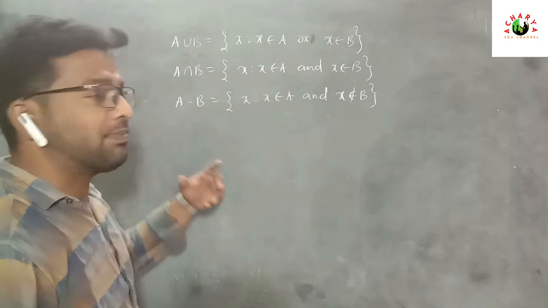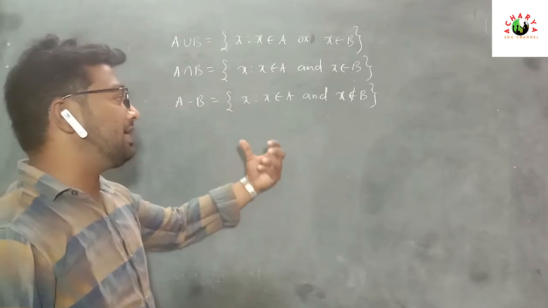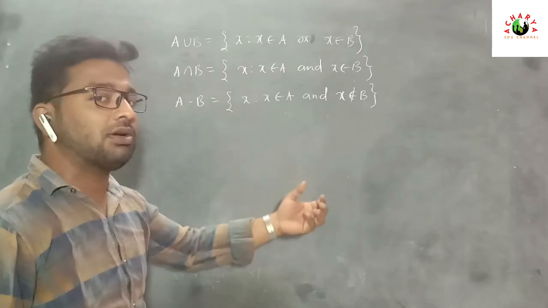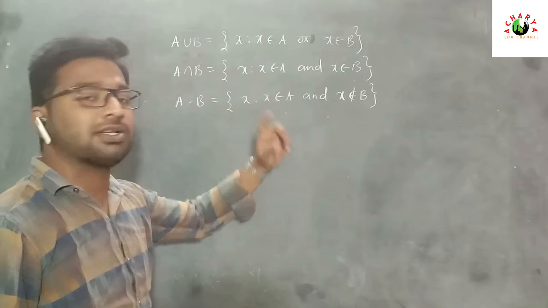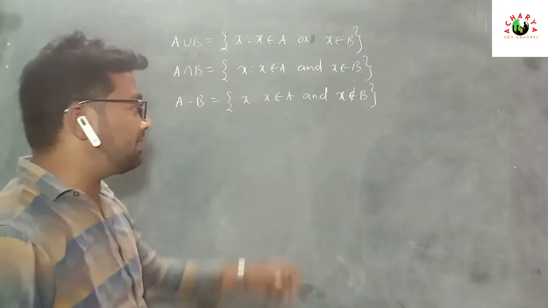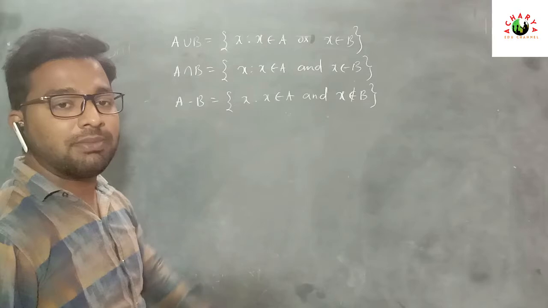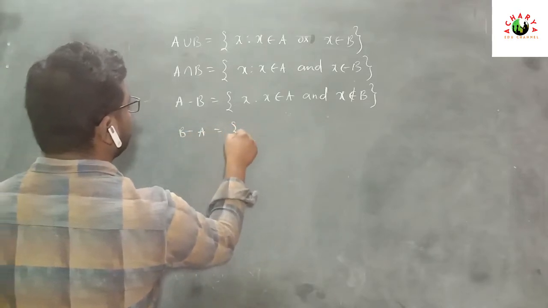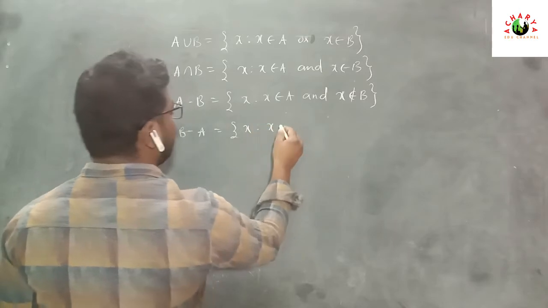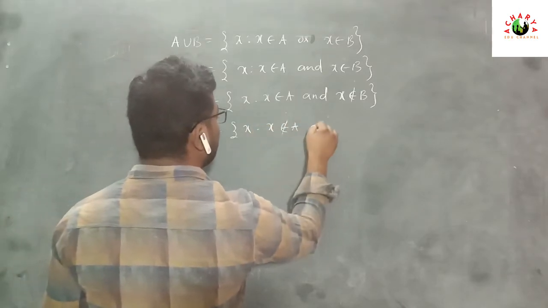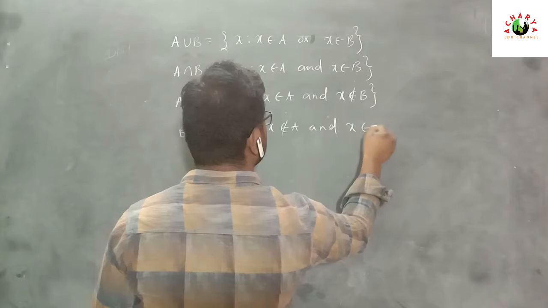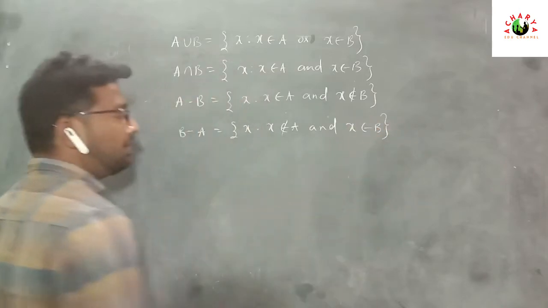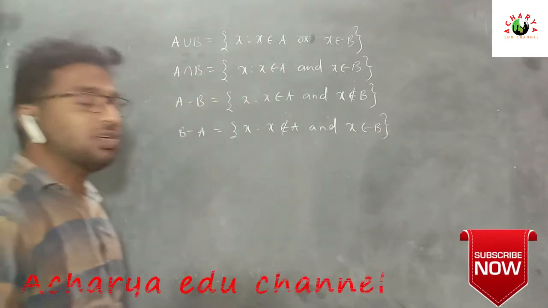Because when we are doing subtraction, we have to write the remaining elements in set A only, not B. Those elements are A elements only, not B elements. Next, B minus A: x such that x does not belong to A and x belongs to B.